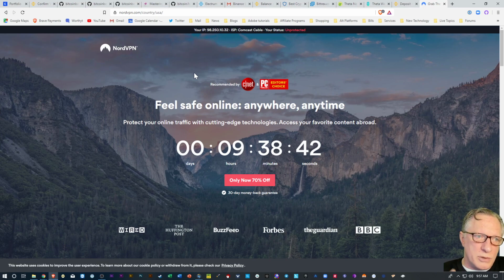I could choose to use their Denmark server, and then when I log into Binance US, I look like I'm in Denmark and they don't block me, right? Same with any other website. So that's another technique that you can use to log yourself into certain accounts that are blocking US IP addresses. But like I said, I don't know that Binance is blocking IP addresses from the US anymore.